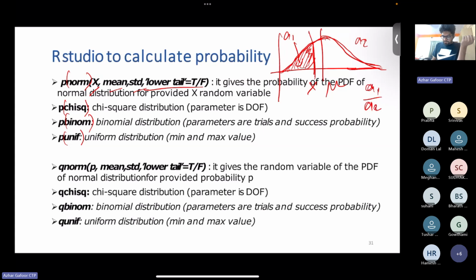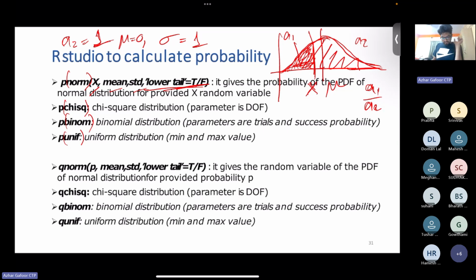In the case of the standard normal distribution, where mu is equal to 0 and standard deviation or variance is equal to 1, this A2, the entire area, will be equal to 1. So finding only this area will give you the probability. If lower tail is true, this is the area it is going to find. If lower tail is false, this is the area that is going to be calculated.